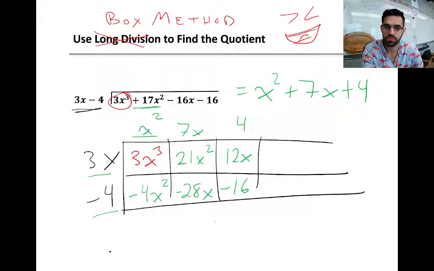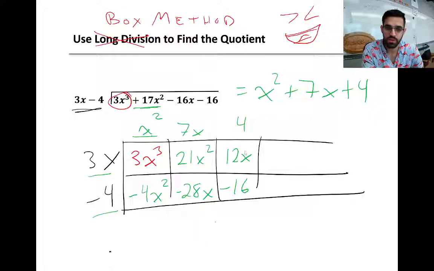That box works. Now that I know this is 21x squared, I can find the number on top of the box, because 3x times what equals 21x squared? Well, 3x times 7x does. And so that's how I get the 7x. Now that I have the 7x, I can figure out this number right here. 7x times negative 4 is negative 28x.